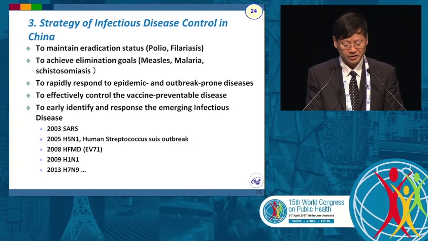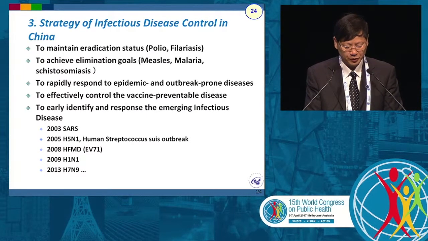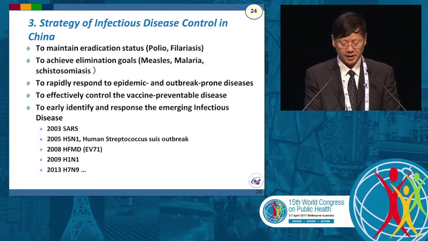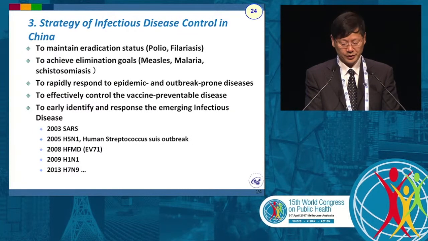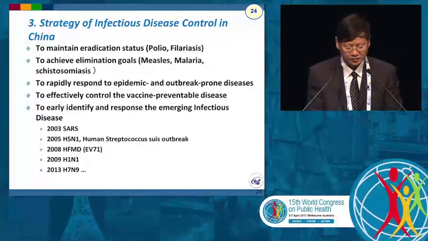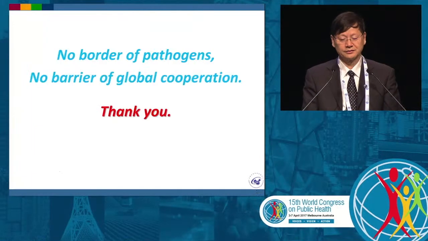For vaccine-preventable diseases, we developed a national vaccine program and provided accessible and affordable immunization service. For emerging infections such as SARS, H1N1, and so on, a lab-based central monitoring system was built to promote early identification and rapid response.